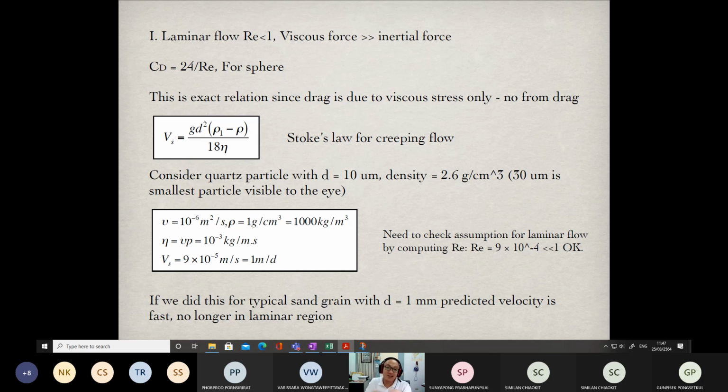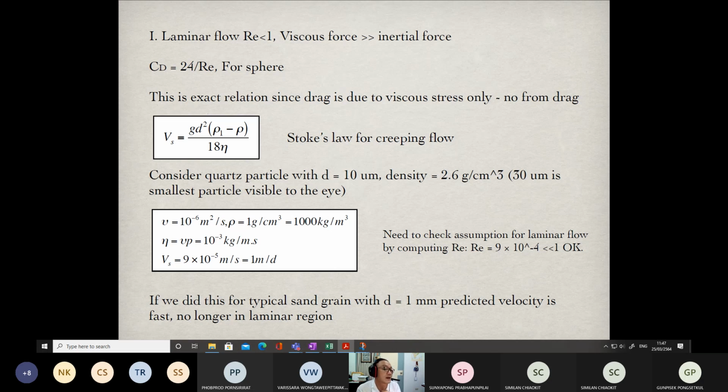So this is generally called the Stokes law or the Stokes formula. It's not complicated, but he's the one who initiated these equations. Okay, so this is how we obtain this equation.